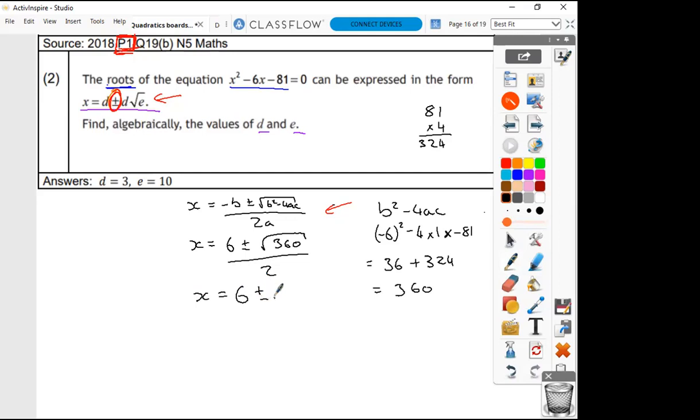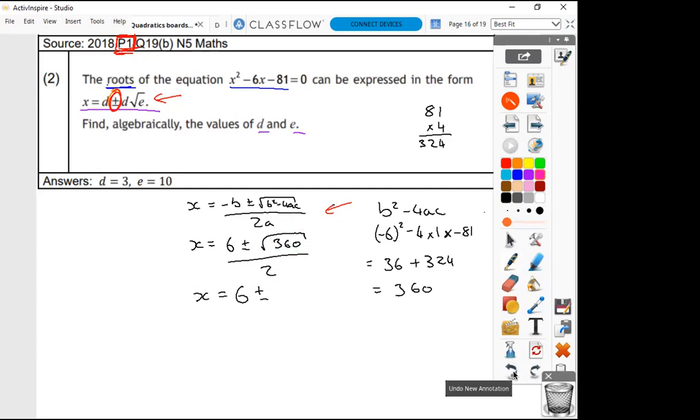What it's asking us to do is simplify this. So e is 10.